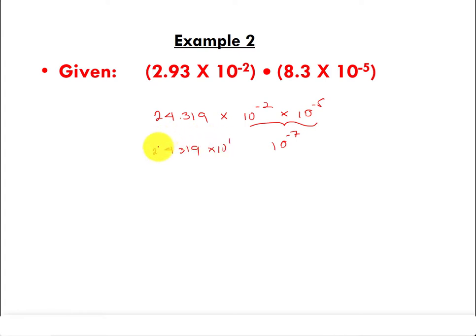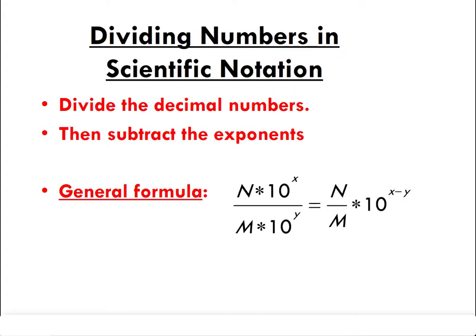Alright, so let's now multiply this to 10 raised to negative 7. So this one is 10 raised to negative 6. Keep the base, add the exponents. Bring down 2.4319 times 10 raised to negative 6, and this will be the product of these two scientific notations.